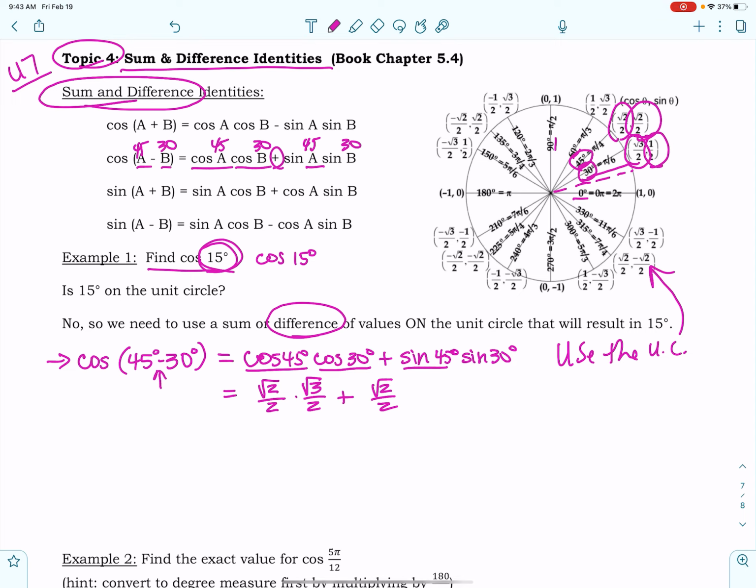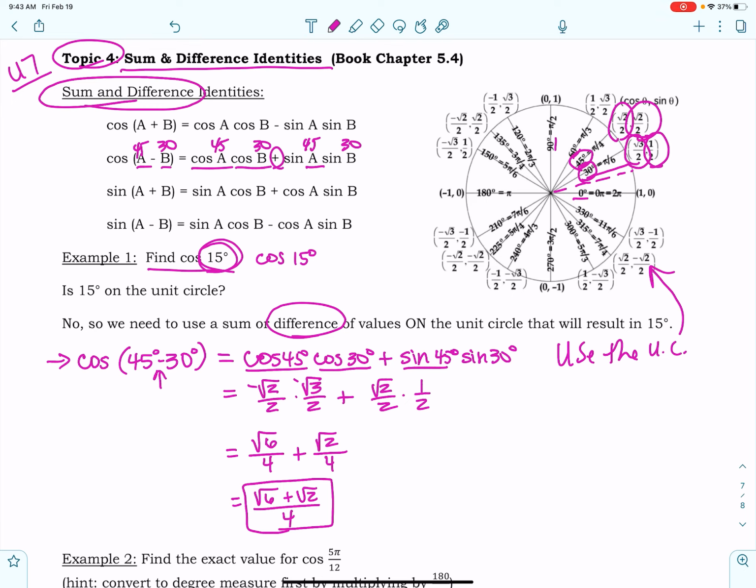Sine 30 is 1/2. So now I'm just going to multiply these. So radical 2 times radical 3 is radical 6 over 4, and radical 2 times 1 is radical 2 over 4. So I can always write these as one fraction. Okay, so that's the exact answer of cosine 15.